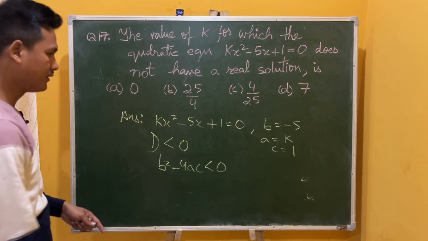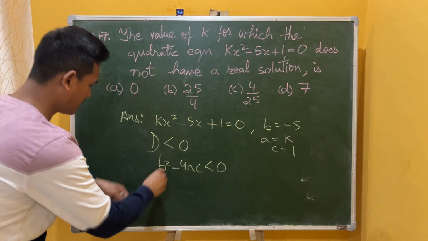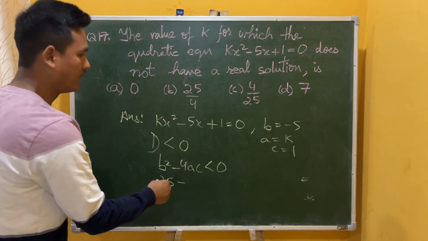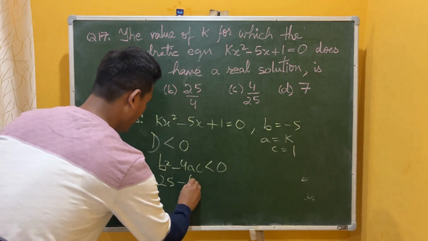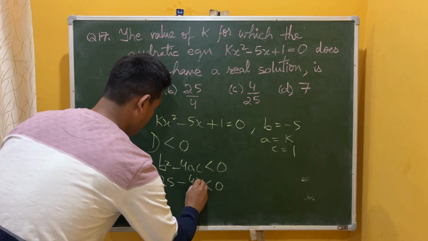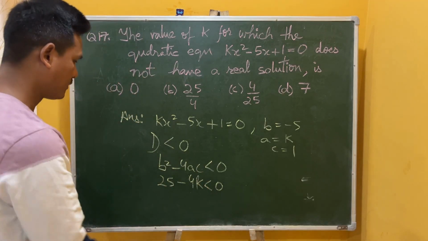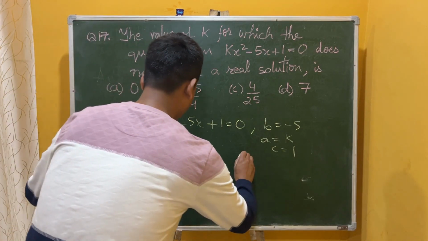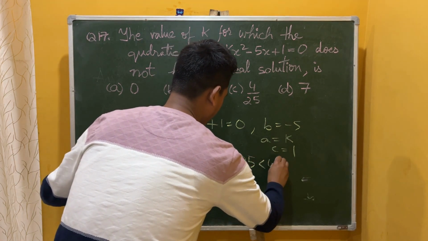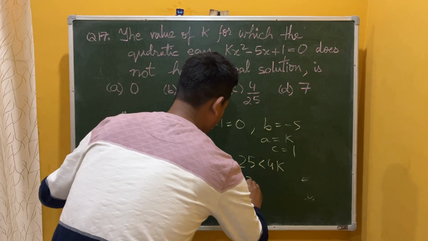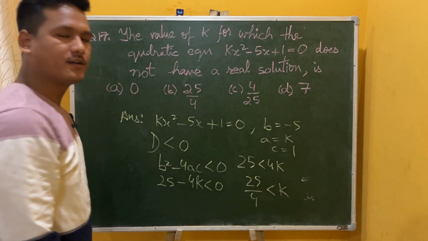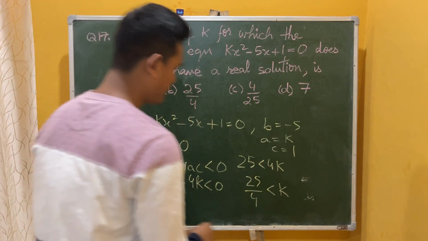Let's substitute the values here. So b is minus 5, so square is 25, minus 4 into a, which is k, that's 4k, less than 0. Okay. So for solving, you'll see that 25, okay, so k is greater than 25 by 4.